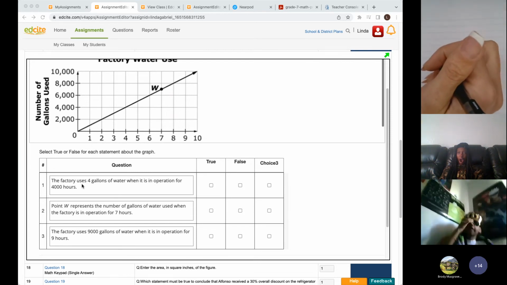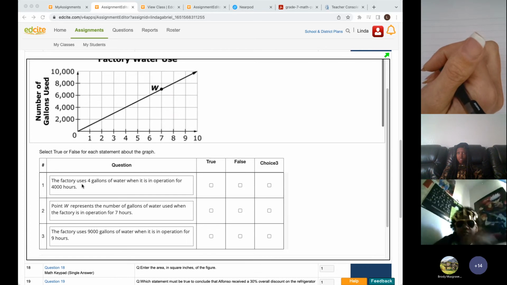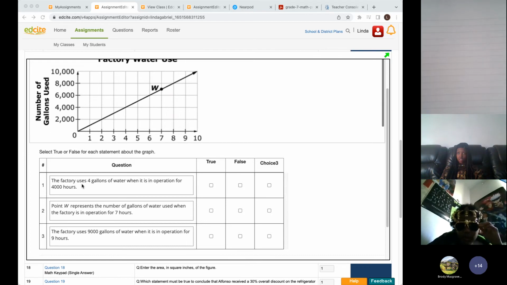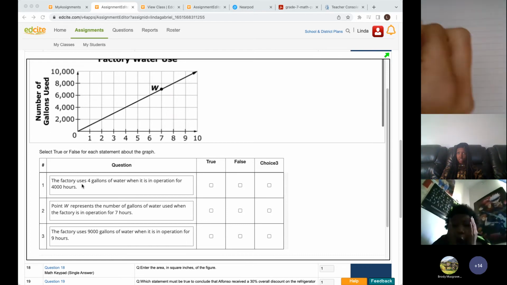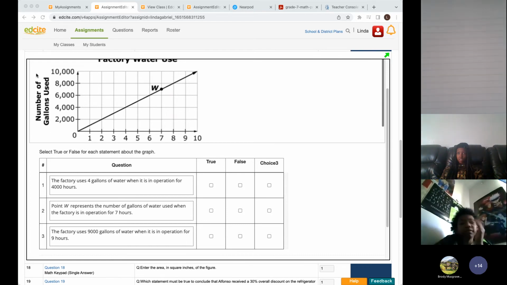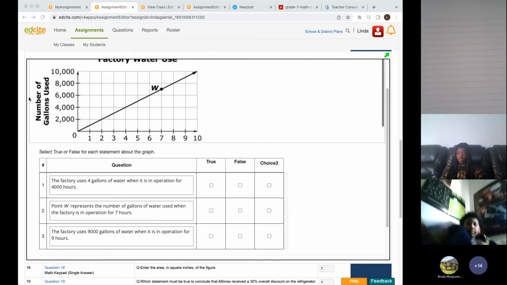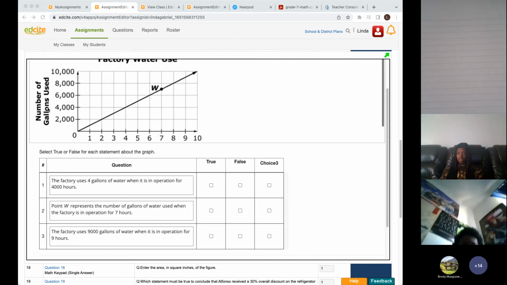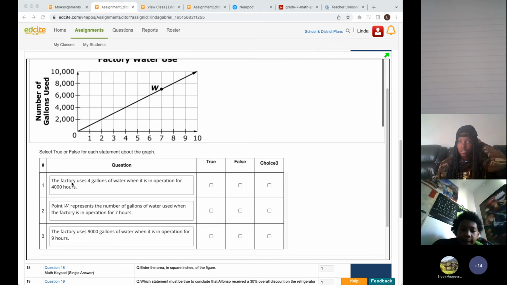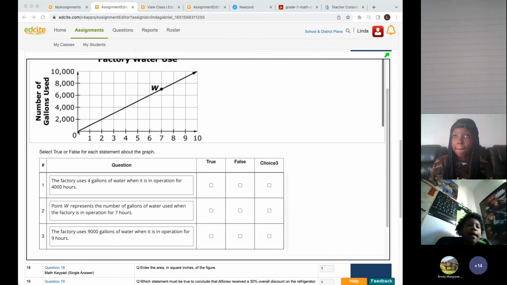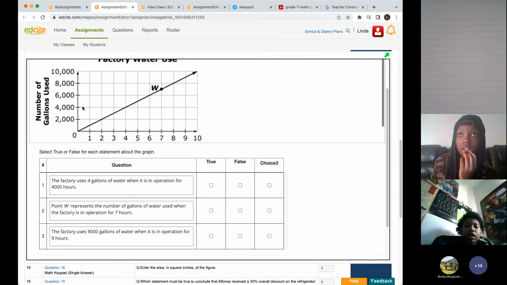It seems a little backwards, right? If we look at our graph, it says number of gallons right here, right? 4 gallons used. So if I have 4, it's going to be way down here. So it should be kind of the opposite, right? It should be 4,000 gallons of water used for 4 hours.